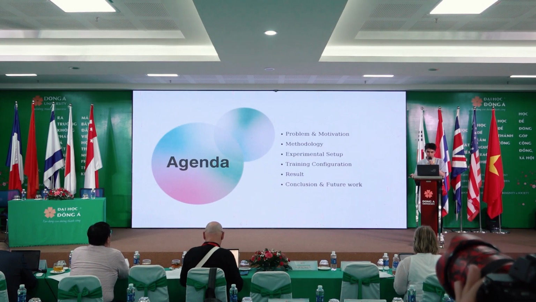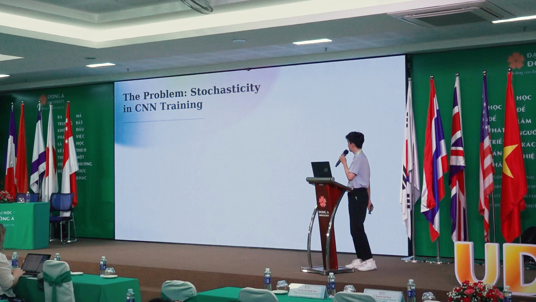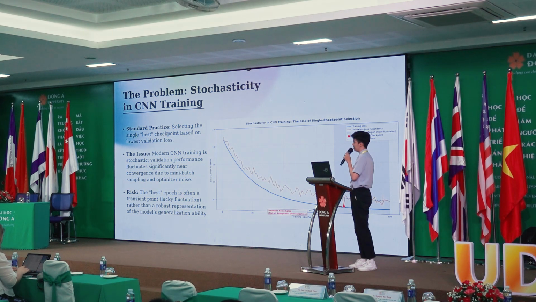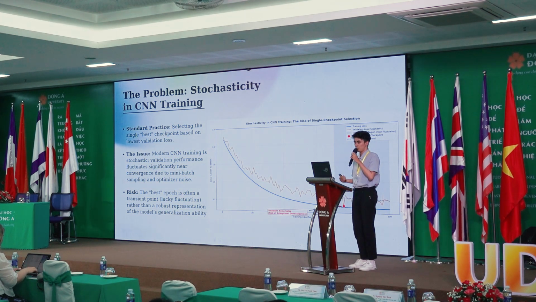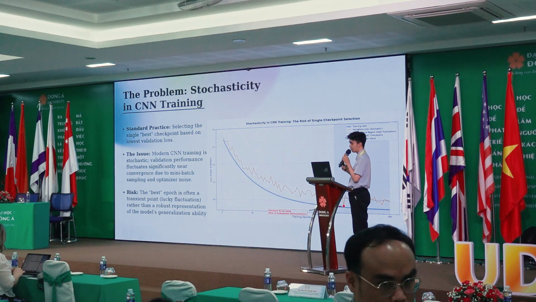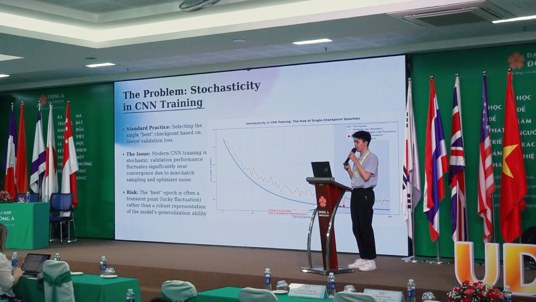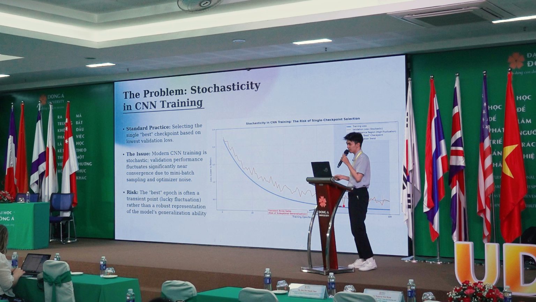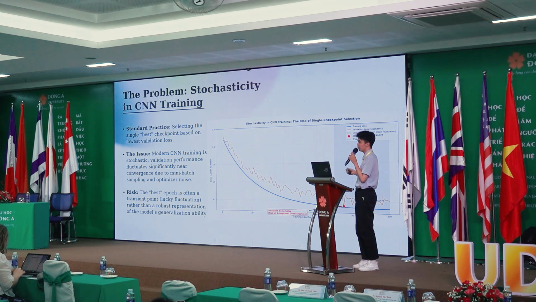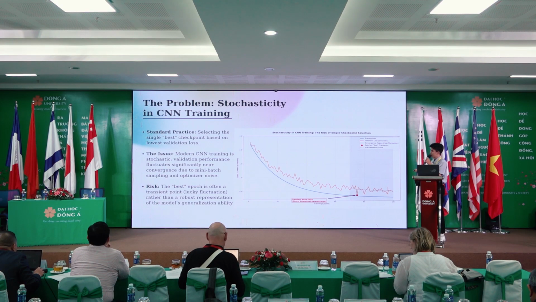we have. First of all, let's start with a standard practice that we all follow. After training a CNN, we usually pick a single best checkpoint, which is often based on the validation loss, but there is a hidden risk here.